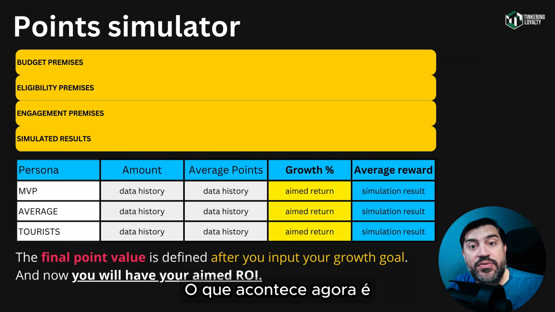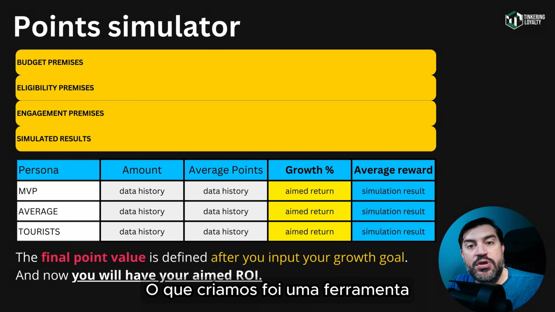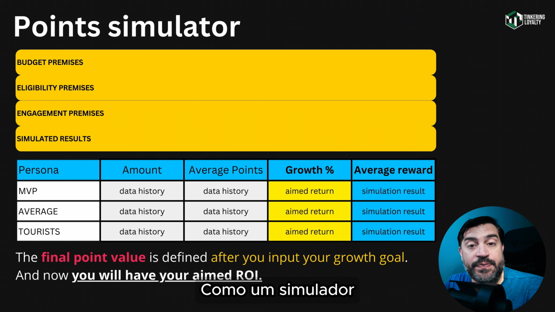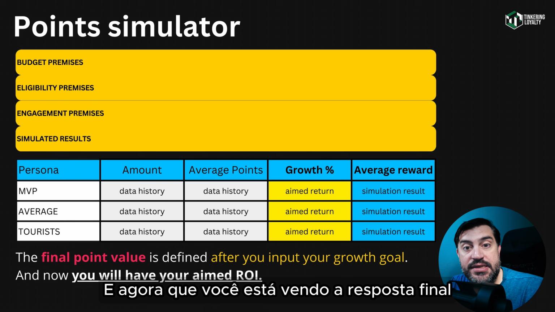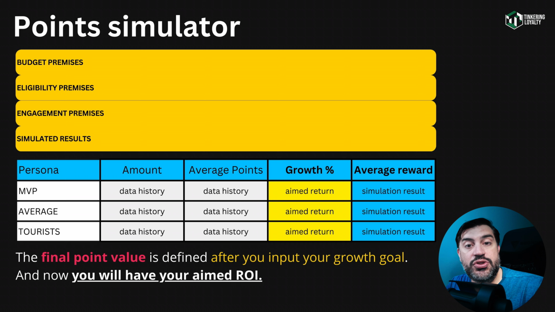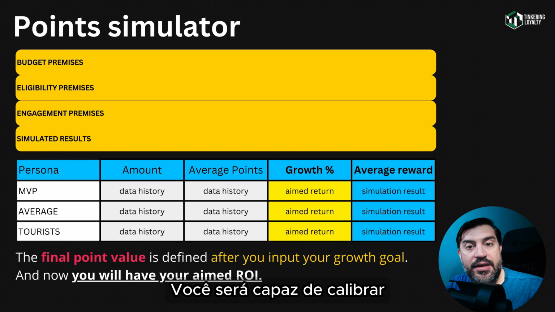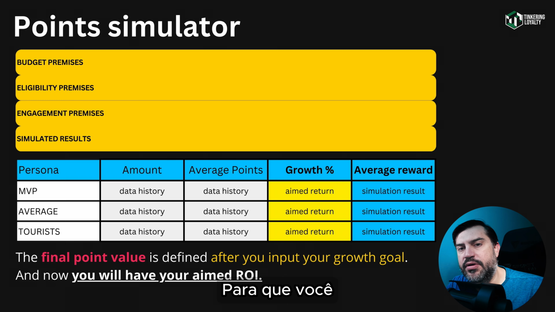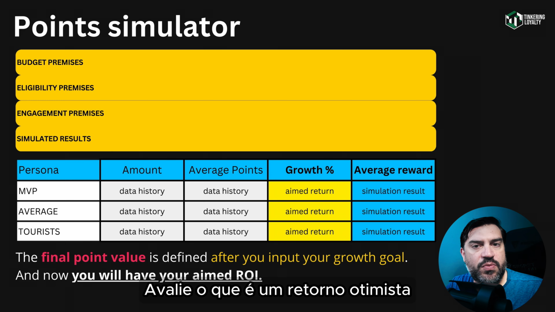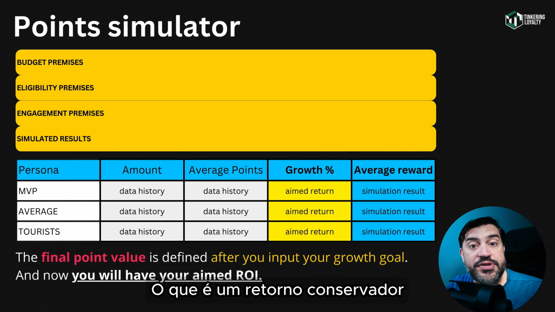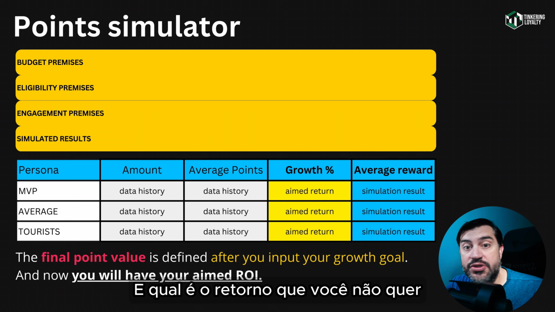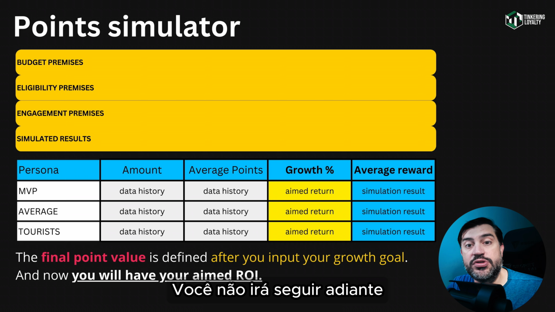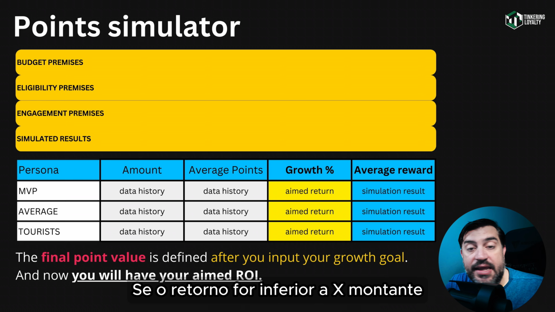What happens now is this was created as a tool, as a simulator. And now that you are seeing the final answer, you will be able to calibrate the cells that are in yellow in order for you to assess what is an optimistic return, what is a conservative return, and what's the return that you don't want, that you won't do this if the return is less than X amount.